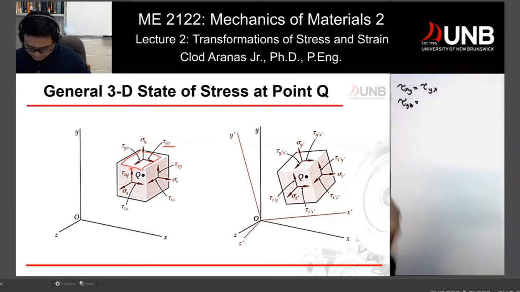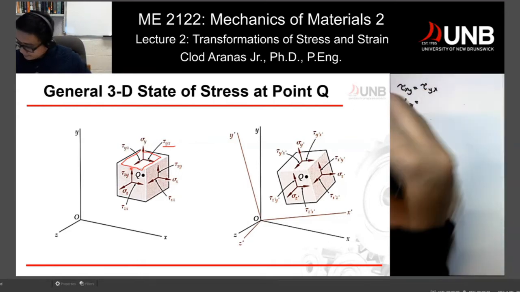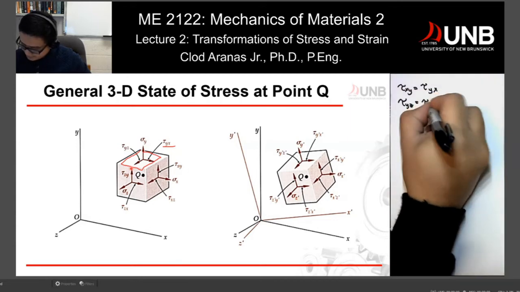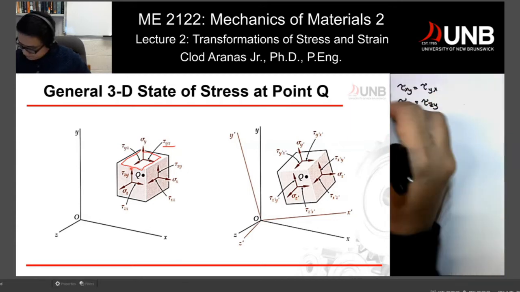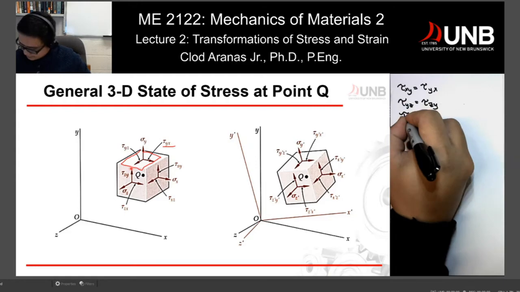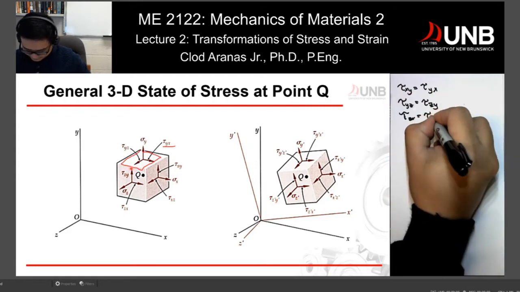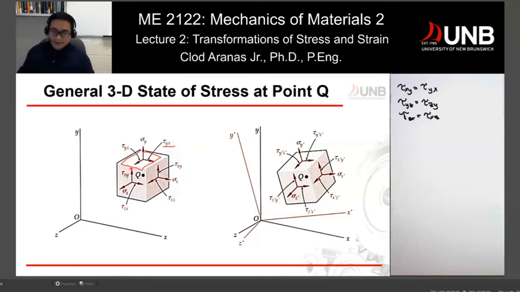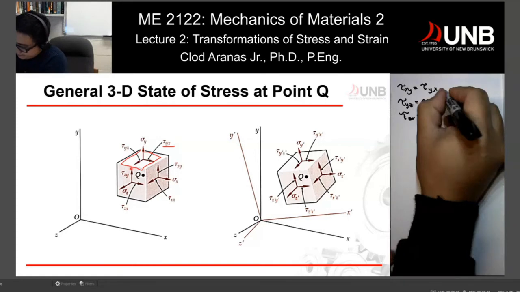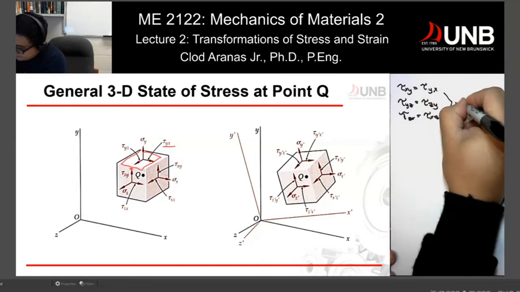As you know, tau yz equals tau zy, and we have tau zx, and that's also tau xz. So magnitudes are equal, but directions are different. So I'm going to write it here.